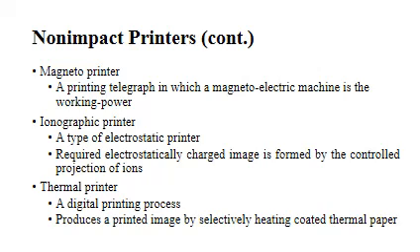Thermal printing is a digital printing process which produces a printed image by selectively heating coated paper, or thermal paper as it is commonly known. When the paper passes over the thermal print head, the coating turns black in the areas where it is heated, producing an image.